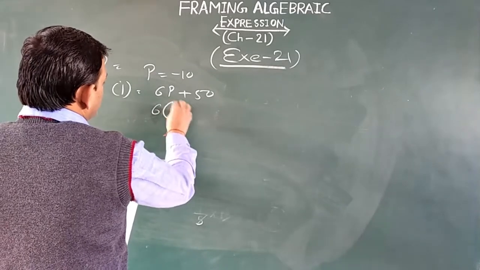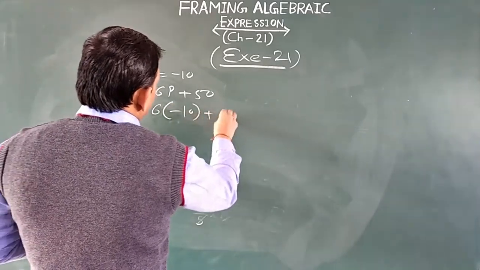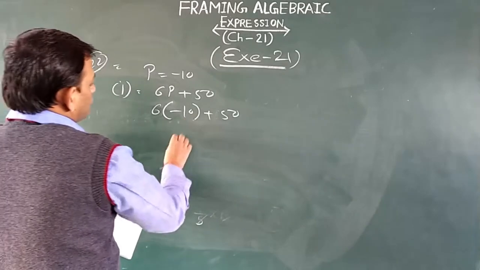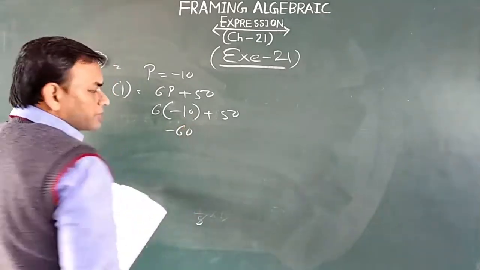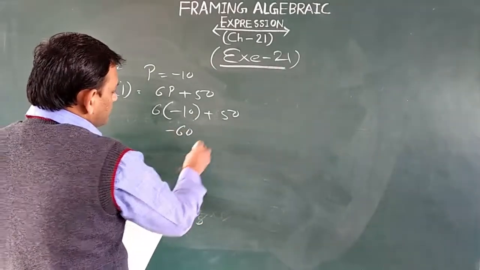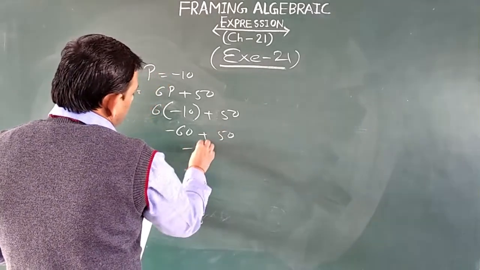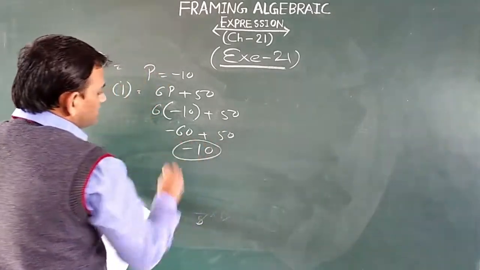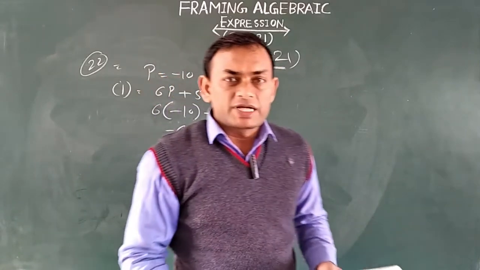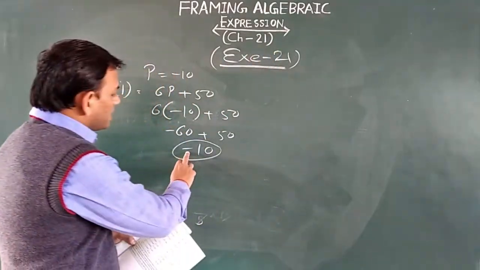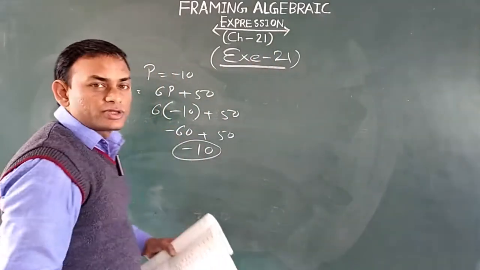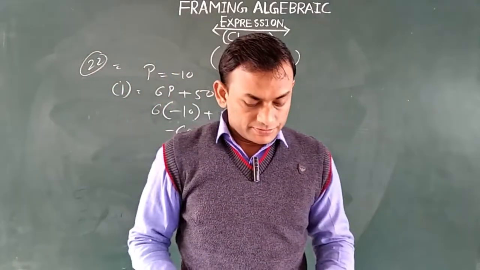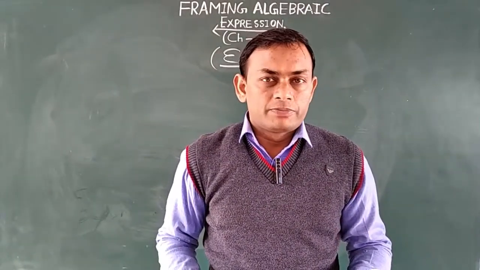So it will be 6 into minus 10 plus 50. 6 into 10, 60. Okay, and the minus sign is there, so it will be minus 60 plus 50, and it will be minus 10 because minus and plus signs are there, so it will be subtracted and the sign will be minus because the minus value is greater than the plus value. Got it?